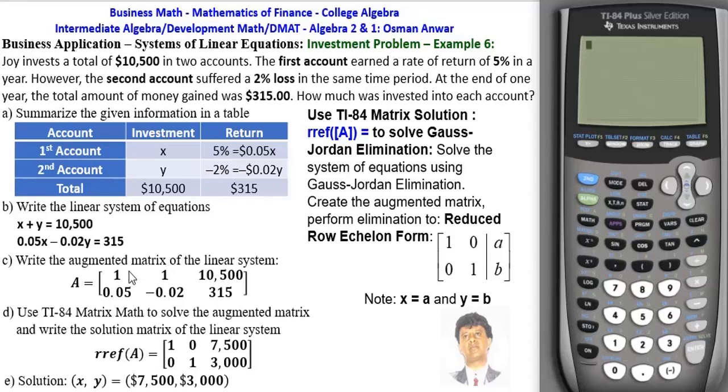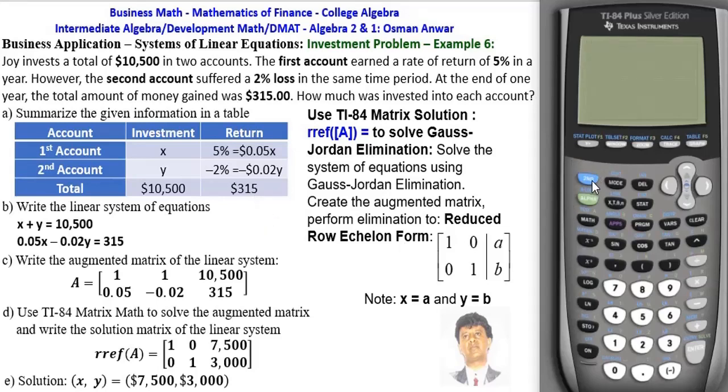If you add 7,500 and 3,000, you will end up with 10,500. If you multiply the 7,500 by 0.05 and multiply the 3,000 by minus 0.02 and you add them, you will end up with 315. Okay?